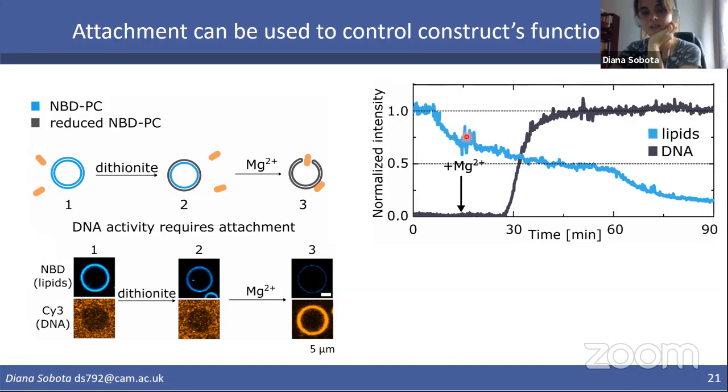You see the little ruffle, that's where I added magnesium, it goes down, but also the DNA ring, this one, starts appearing, reaching its 100%. And after some time, we see this additional drop, which means we managed to switch on the lipid transfer.